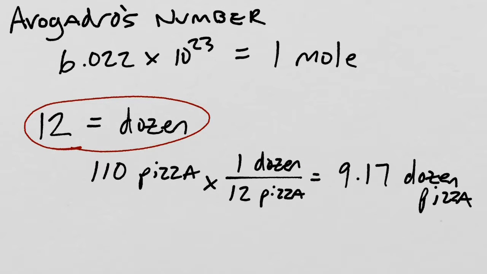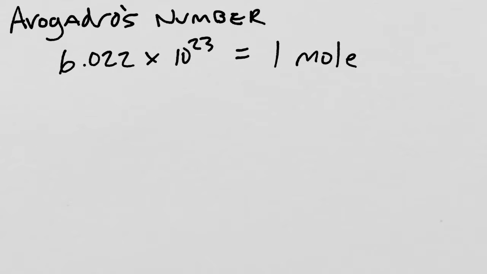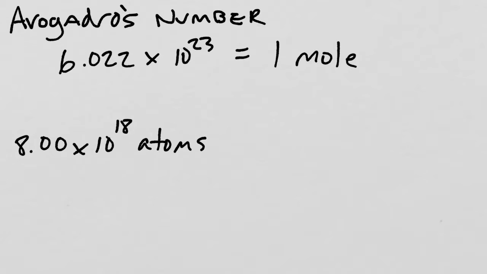So we're going to treat Avogadro's number the exact same way. So let's do some examples of that. First, let's talk about some large number of something like atoms. Let's say that we have 8.00 times 10 to the 18 atoms, and we wanted to know how many moles that was.